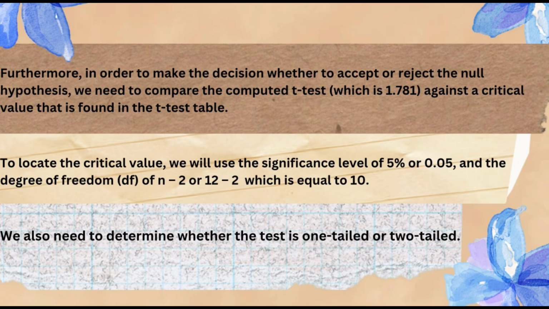Since our sample size is 12, the degrees of freedom will be 12 minus 2, which equals 10. We also need to determine whether the test is one-tailed or two-tailed, because this affects the critical value we will use for the comparison.